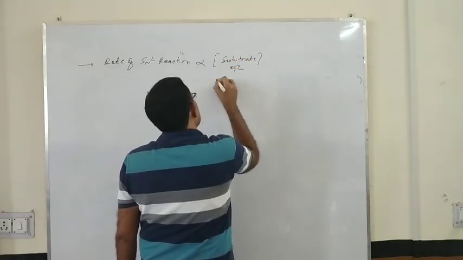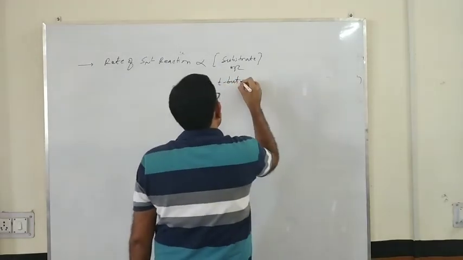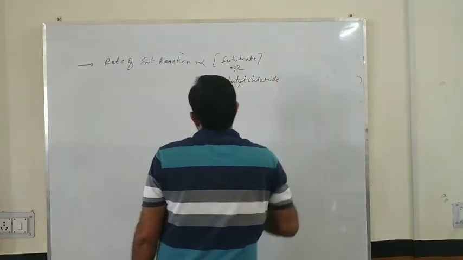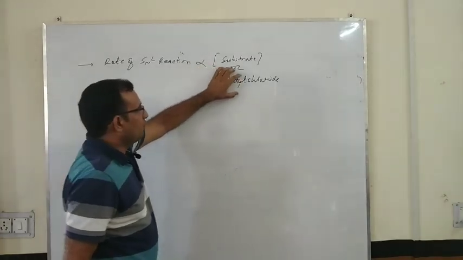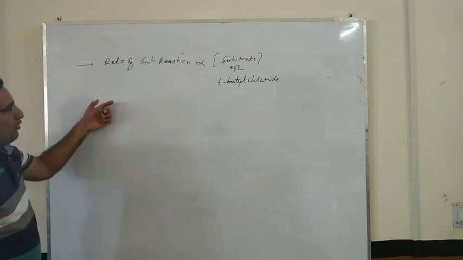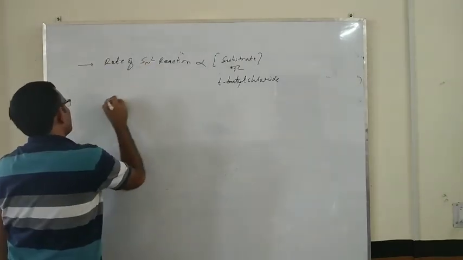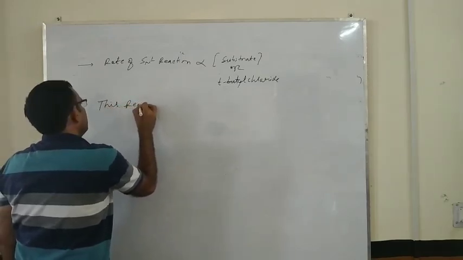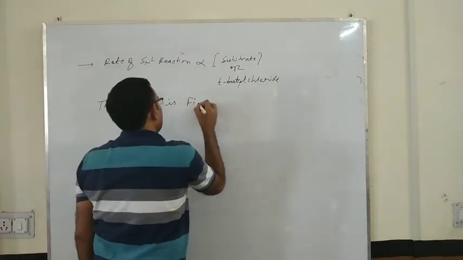Here our substrate is tertiary butyl chloride, so the rate of SN1 reaction is proportional to the concentration of tertiary butyl chloride. So we say that this reaction follows first order. This reaction is a first order reaction.